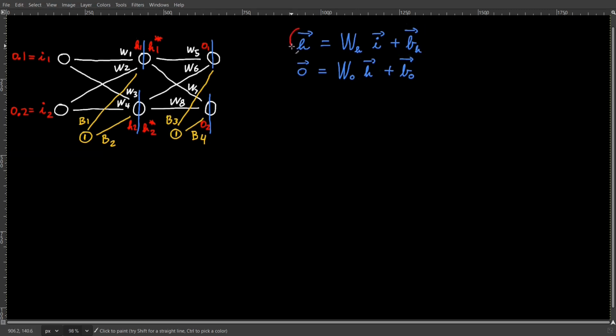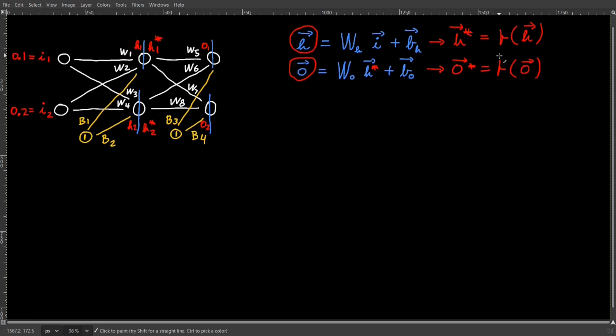So I calculate this h vector here. Using this transformation, I then obtain h asterisk by applying some function to h. Then, when I calculate the o vector, I need to make sure that I'm using h asterisk here and not h. And once I have my o vector, I calculate o asterisk. In this way, this function f, that's the activation function.